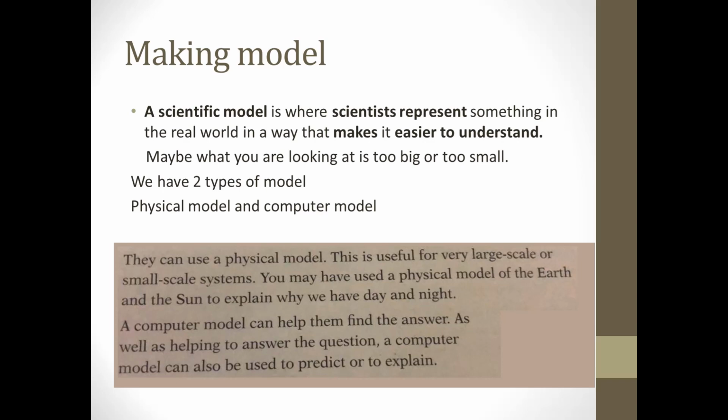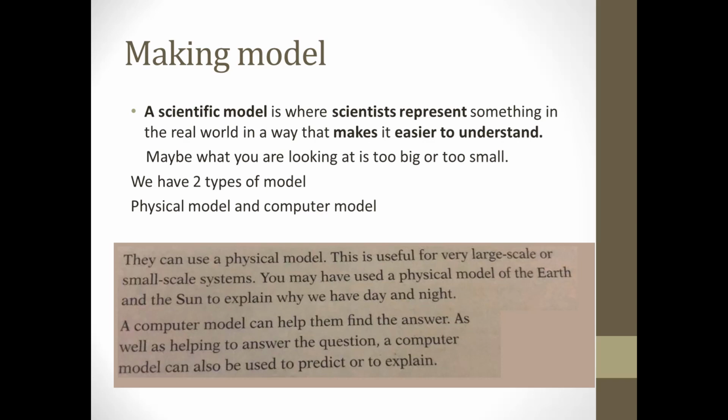So I need a model that makes the phenomenon easier to understand. Maybe what you are looking at is too big or too small, so you can't do the correct measurement, right? So we need a model to represent it in an easier way.